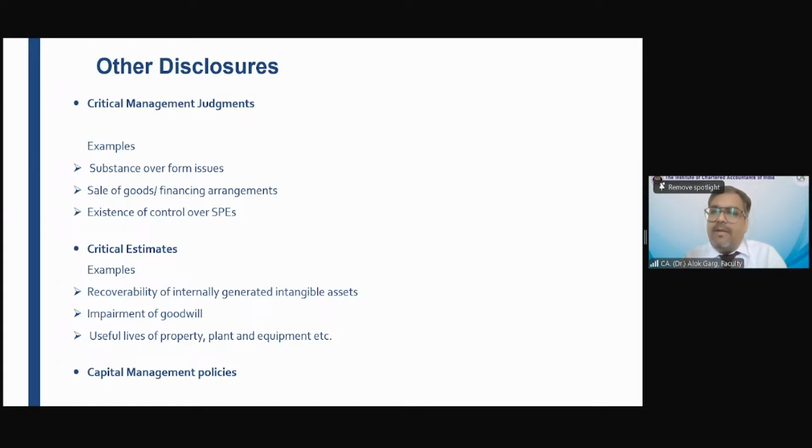Your property, plant and equipment number consists of gross block, depreciation, net block, right? So what is a gross block? That is the cost which you have paid to acquire property, plant and equipment. Whether this cost is an accurate number or not. At least I'm expecting yes or no.